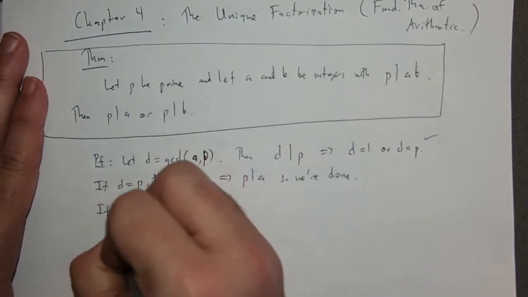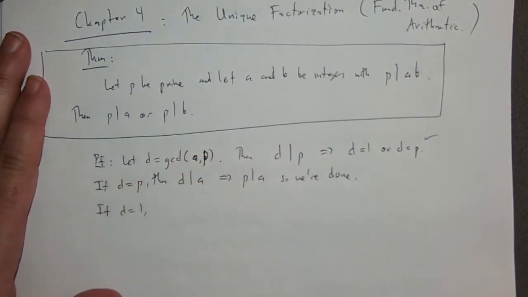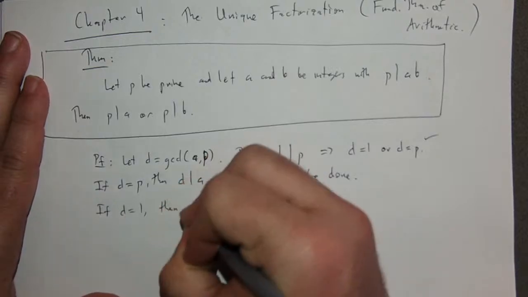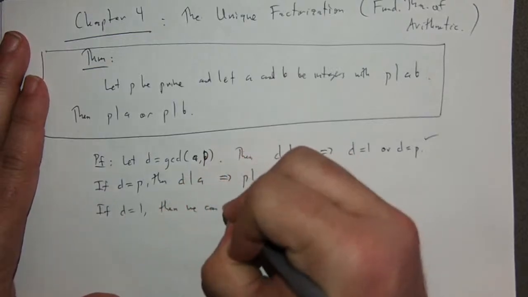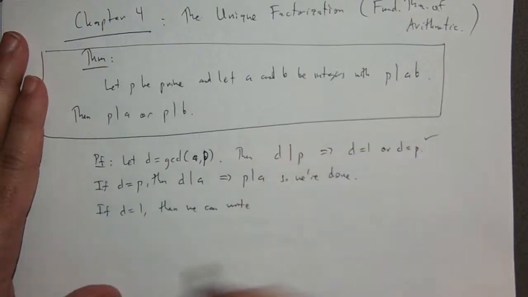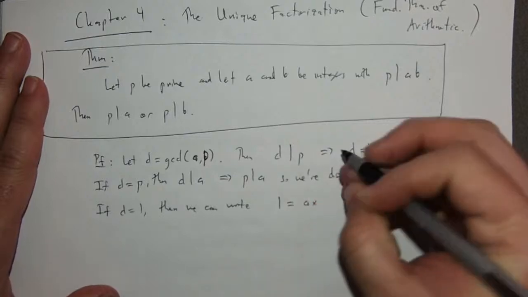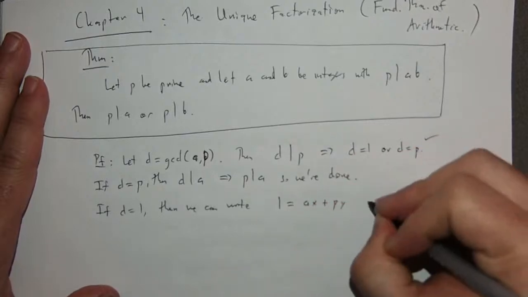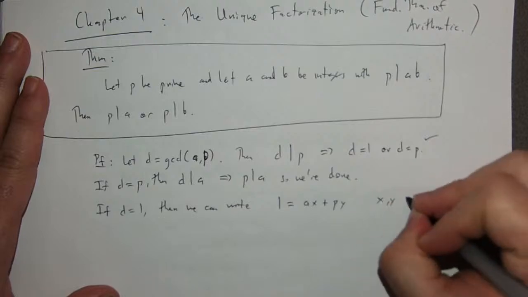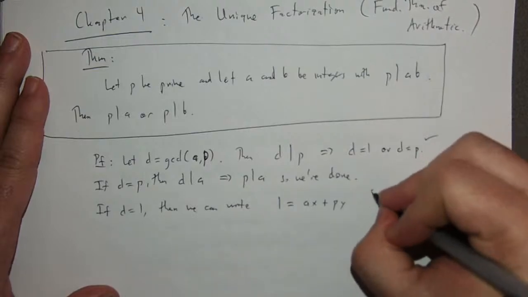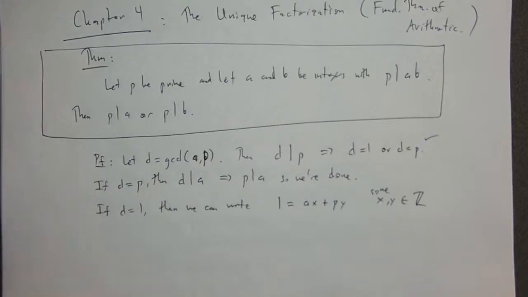If D is equal to 1, then we can write 1 as a linear combination of A and P. So 1 is equal to AX plus PY, where X and Y are just some integers.